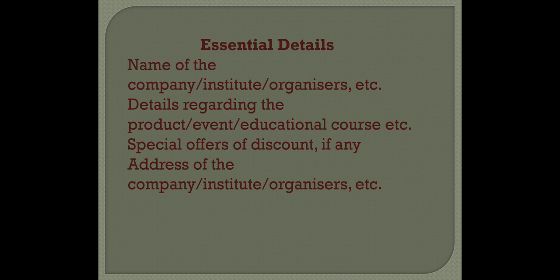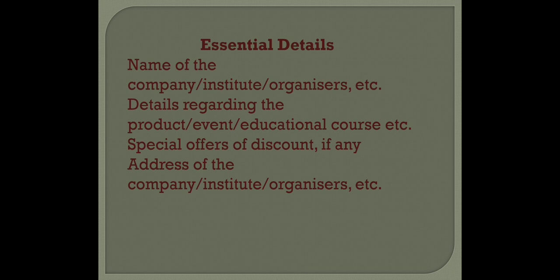First the company, institute or organizer's name, and then we need to tell about the product, or if it is some event, we need to tell the details of that event also. And if it is about some educational courses, then we need to give the details of those courses, because this type of advertisement can be for some product, for some event, or for some educational courses like admission notices. We make them in the form of display advertisements also.